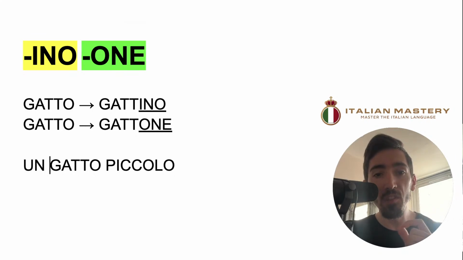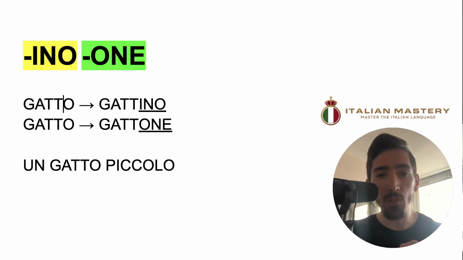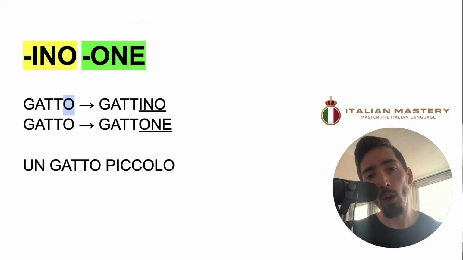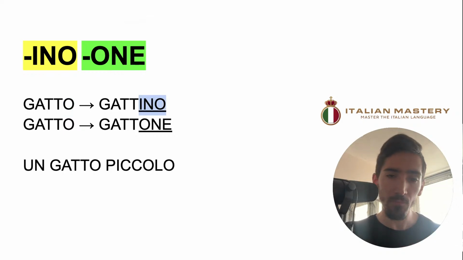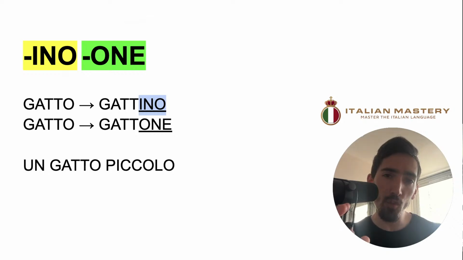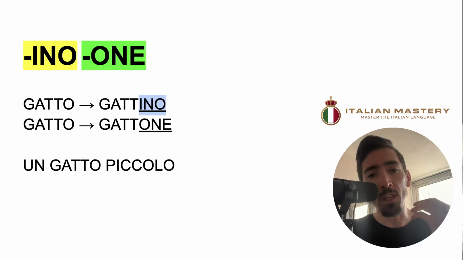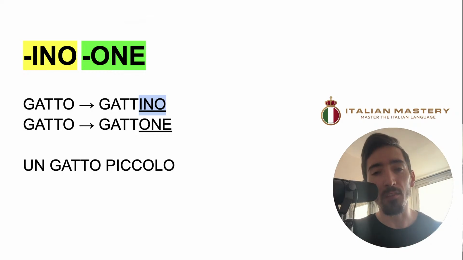We can alter the noun, in this case gatto, gatto means cat, and we can change the ending, go from o to INO, to paint the picture that the cat in question is perhaps small in size or young. Maybe it's a newborn. We don't know yet, because we need the context to clarify that.